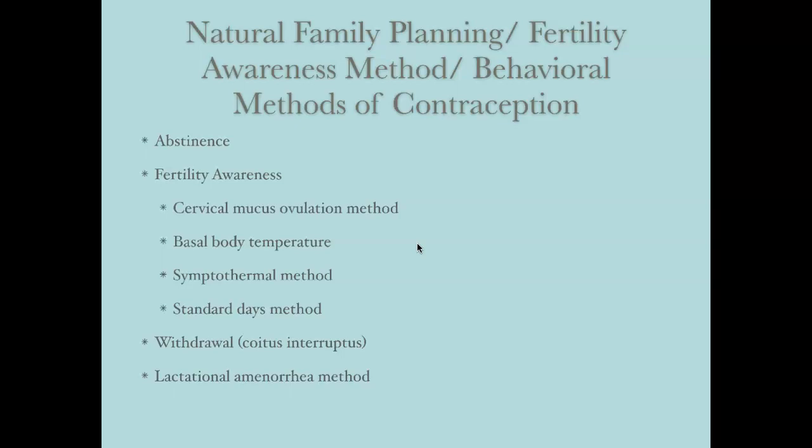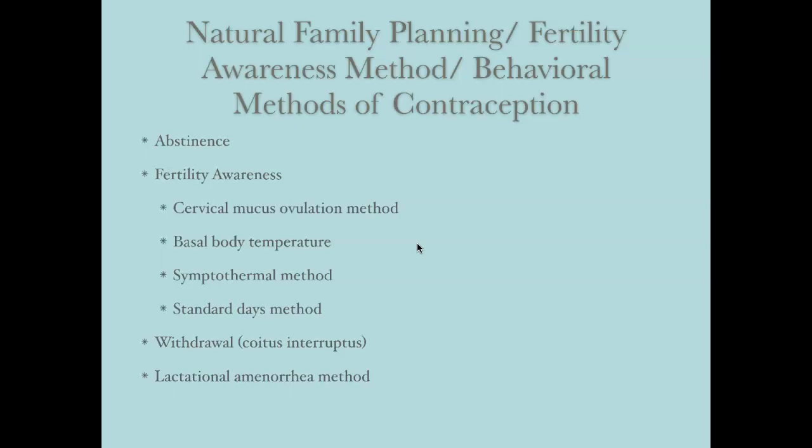During our menstrual cycle, our cervical mucus changes depending upon the hormones involved. As we get closer to the time of ovulation, the cervical mucus becomes thin and clear and egg white like. If you remember in your earlier nursing programs, when you learned about the menstrual cycle, you'll remember that it becomes spinnbarkeit, so it's stretchy.